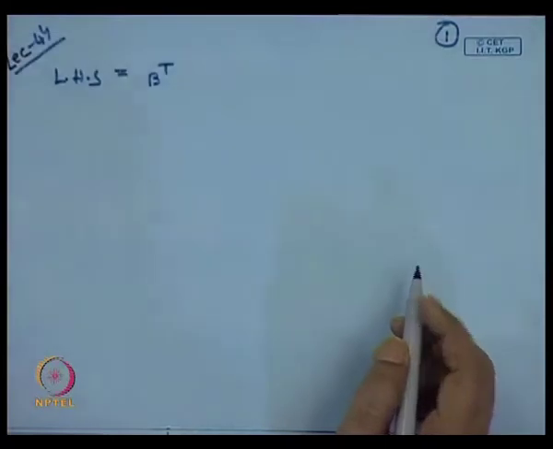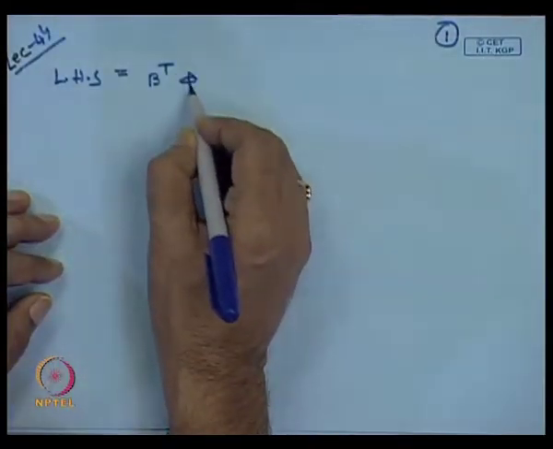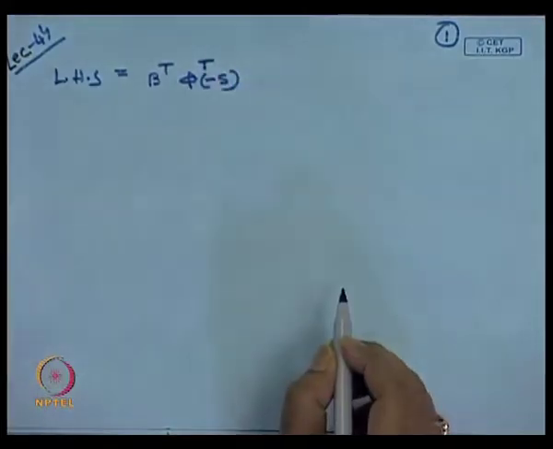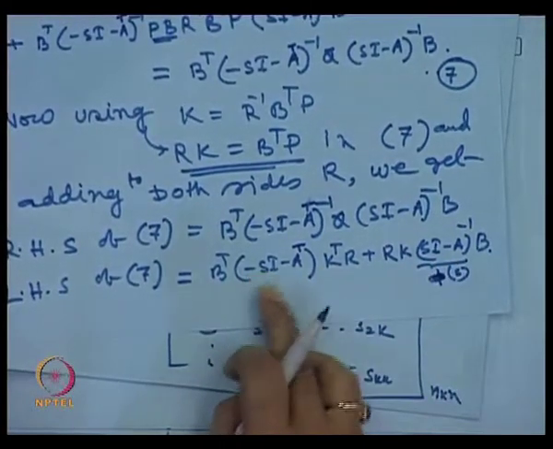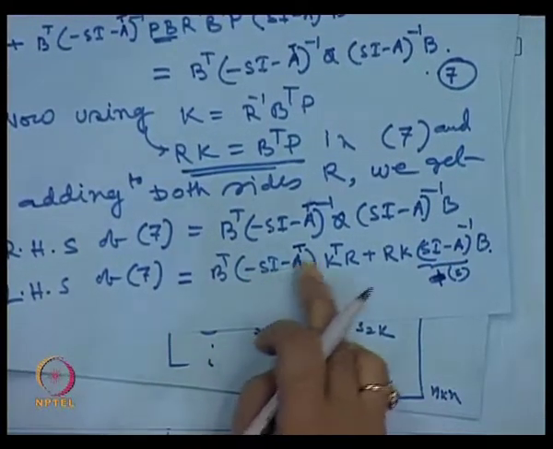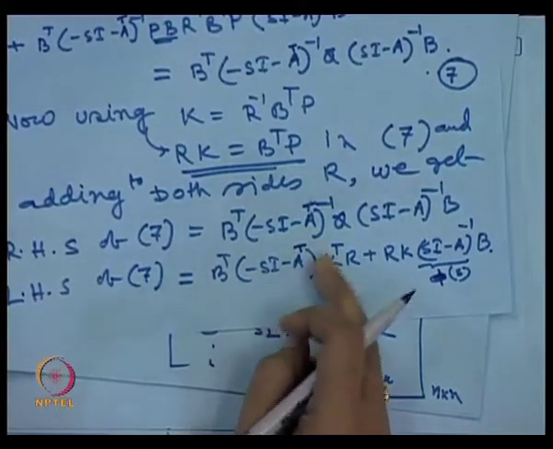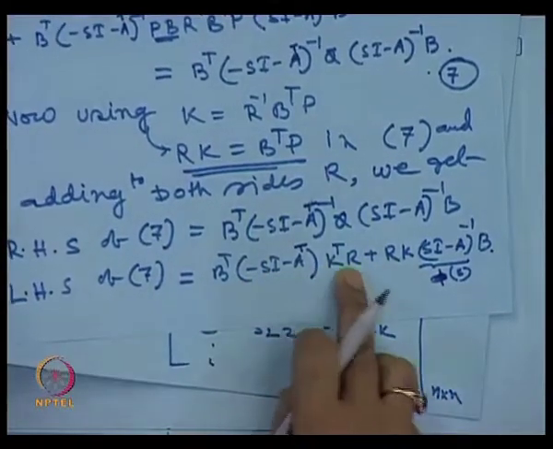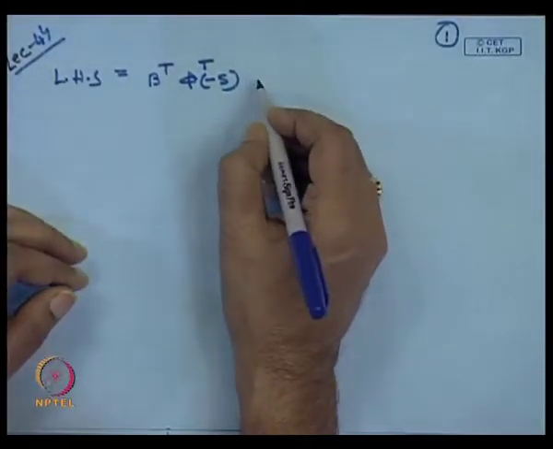Then I can write B transpose, then phi of minus S whole transpose, where S is replaced by minus S. In place of this, which is phi s, if you take the whole transpose, it will be S I minus A transpose, then K transpose R.